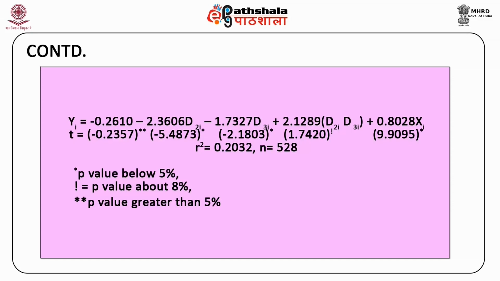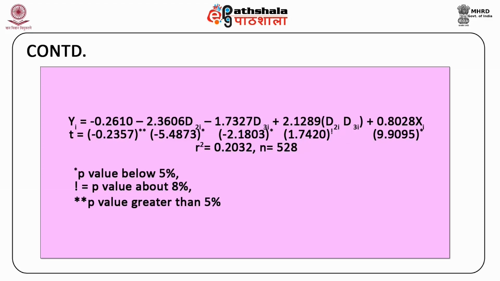The t values are minus 0.2357, minus 5.4873, minus 2.1803, 1.7420, and 9.9095. R square is equal to 0.2032, N is equal to 528.